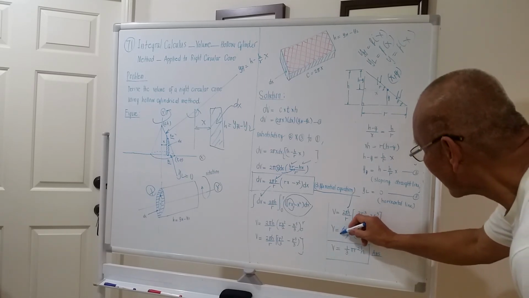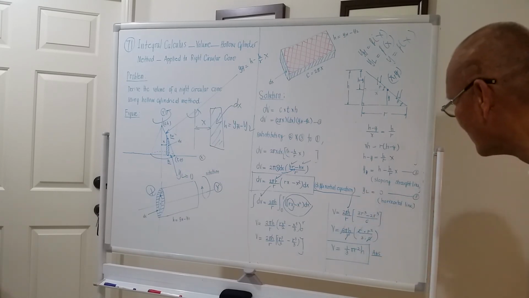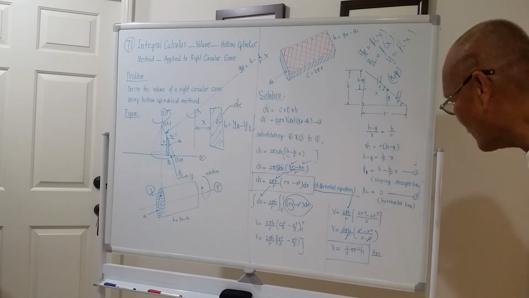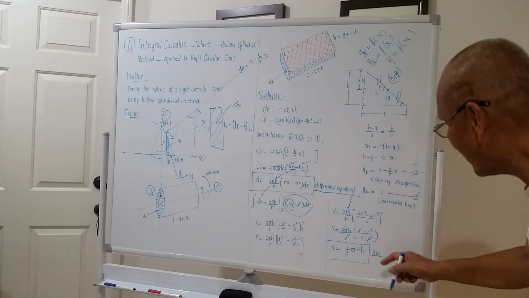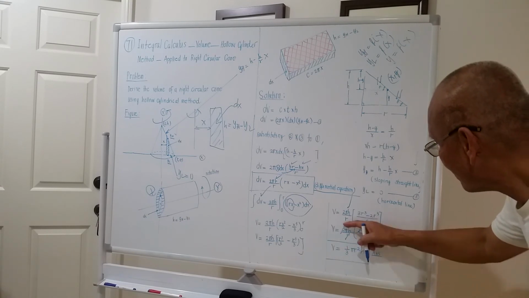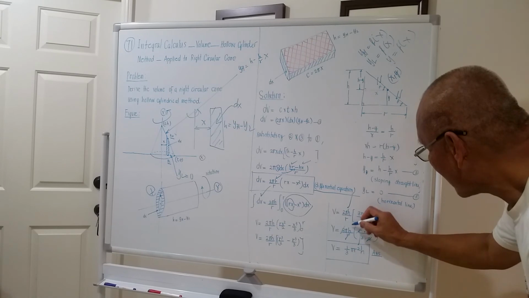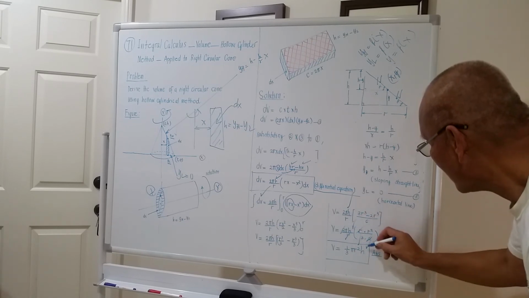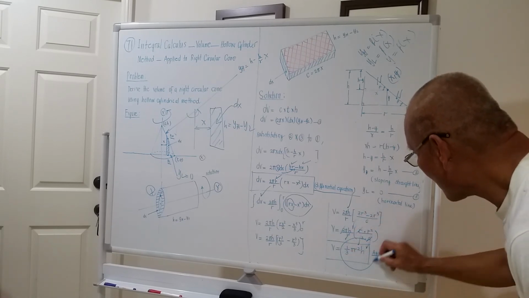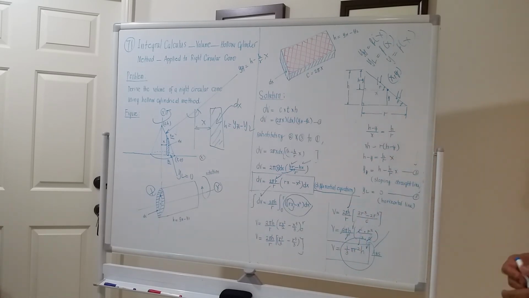So these two here cancel with this, and these two here cancel with this. So what will remain in the formula for the volume, there's a 3 underneath, right? So this is 1/3 pi r squared times h. So this is the general formula for taking the volume of a right circular cone.